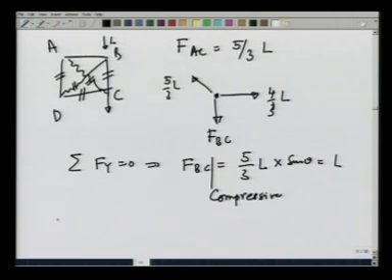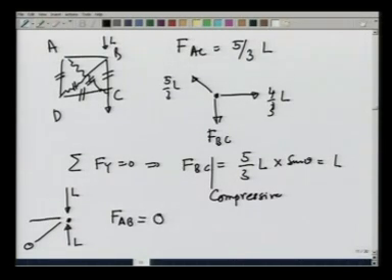Let us now look at point B. The joint B is under load L, then it is being pushed by FBC, which is L. There is no force, 0 force, due to the rope, and therefore, FAB comes out to be 0.